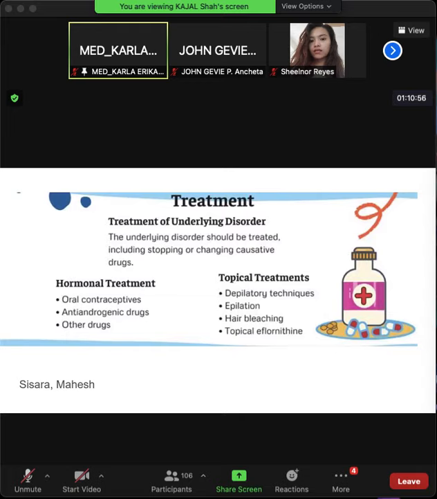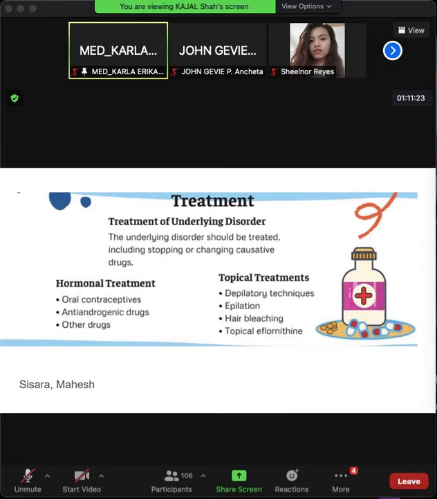For the treatment, the underlying disorder should be treated, including stopping or changing the offending drug, like a hormonal treatment, oral contraceptive. Oral contraceptives which contain estrogen and progesterone treat hirsutism caused by androgen production. Oral contraceptives are a common treatment for hirsutism in women who don't want to become pregnant.